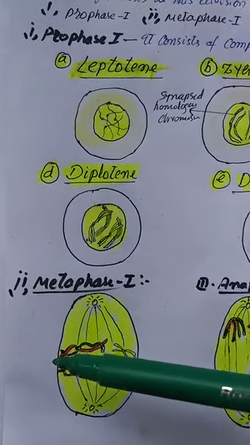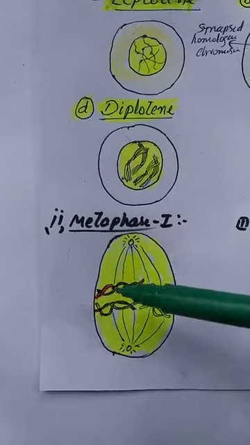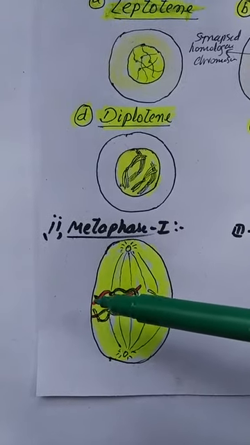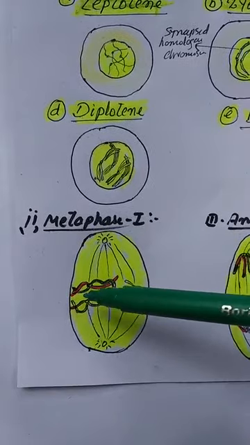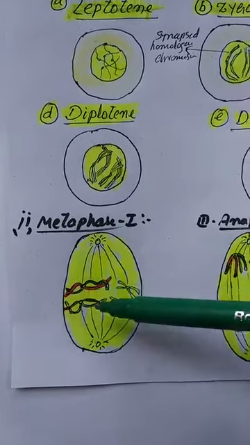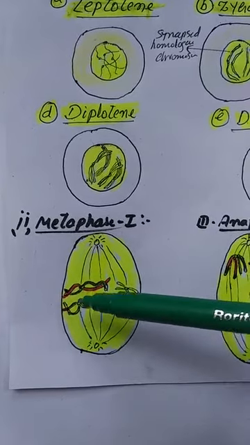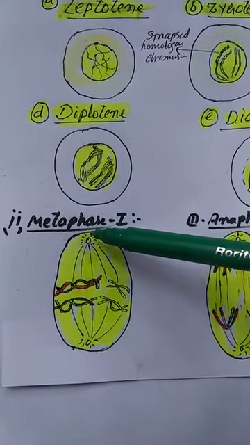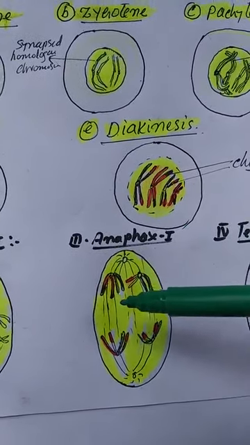During metaphase 1, the bivalents, as you can see in the sketch, which are also known as tetrads, are arranged at the equator of the spindle. The centromeres are aligned in two rows during this metaphase 1. Then we have anaphase 1.